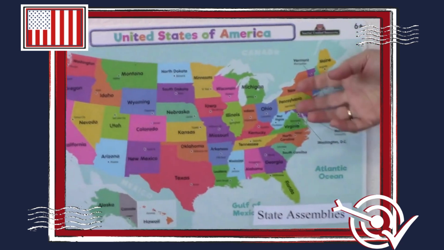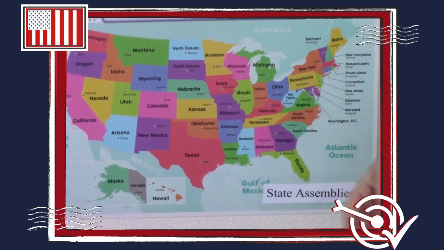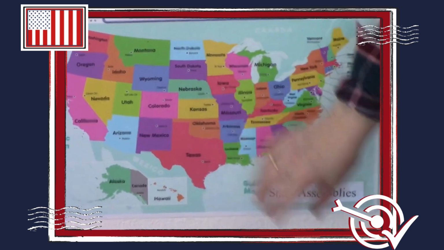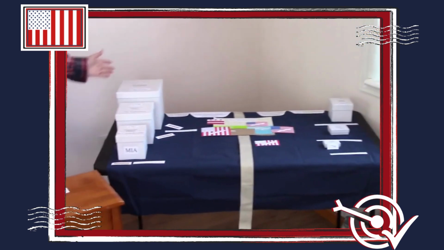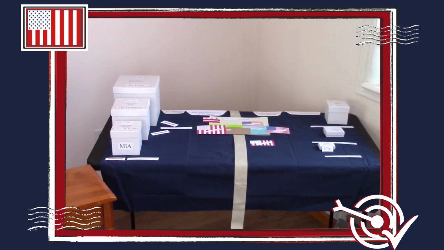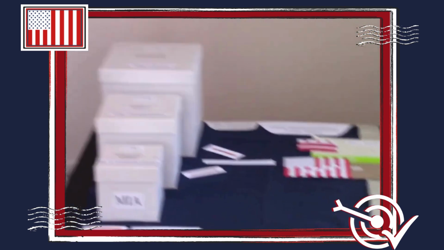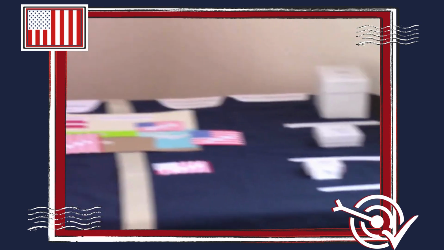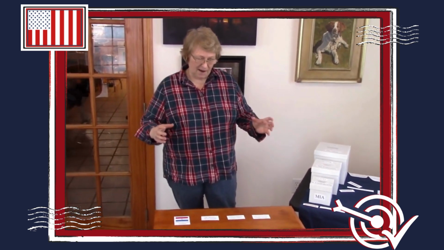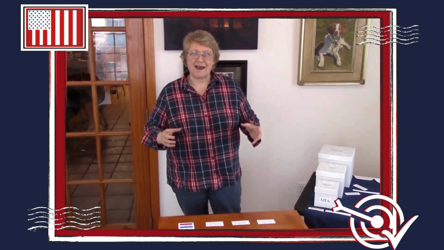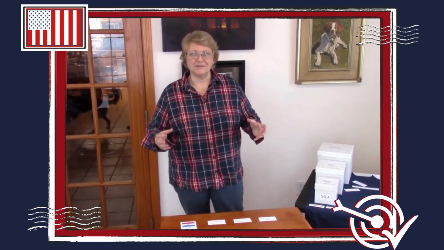Everything comes forward from our states. So our 50 states are responsible for creating and funding and taking part in all of this in one way or another. But I'm talking now about the name, the United States.